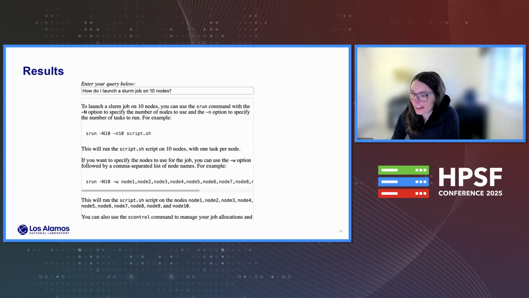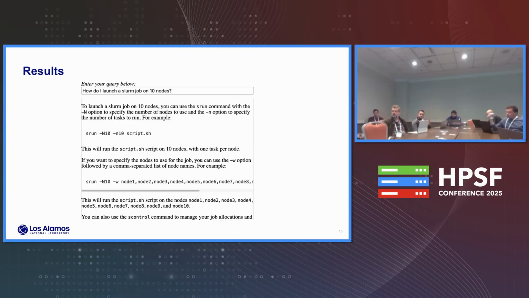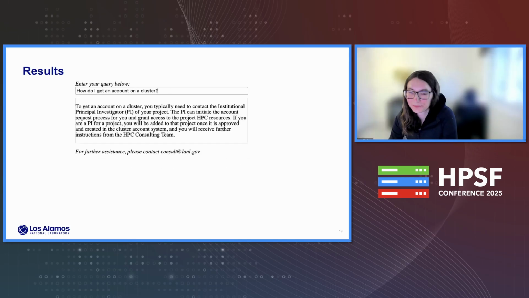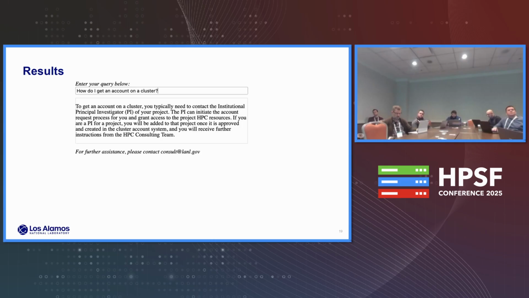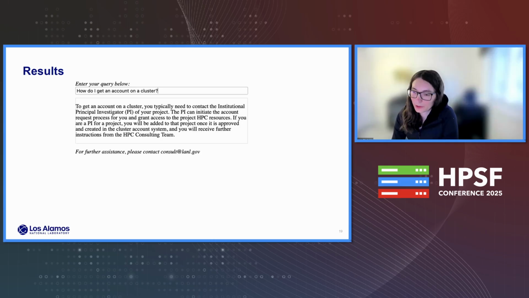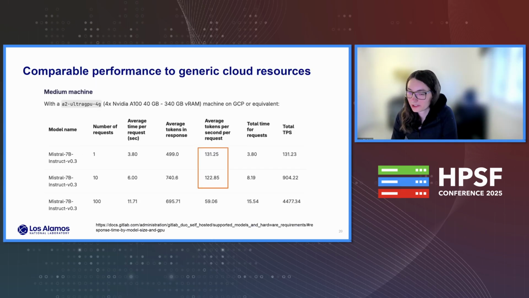Checking out 10 nodes is likely pretty similar on every system that's using Slurm. How do I get an account on a cluster? I include this question because it's a common question that consultants get. But on our systems, for the most part, it's not a self-driven thing where you sign up. You request an allocation or join someone else's project.